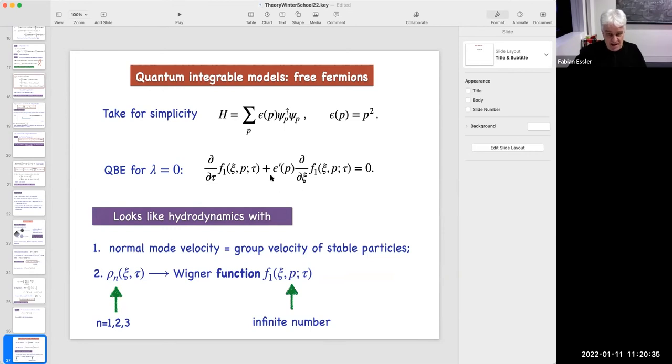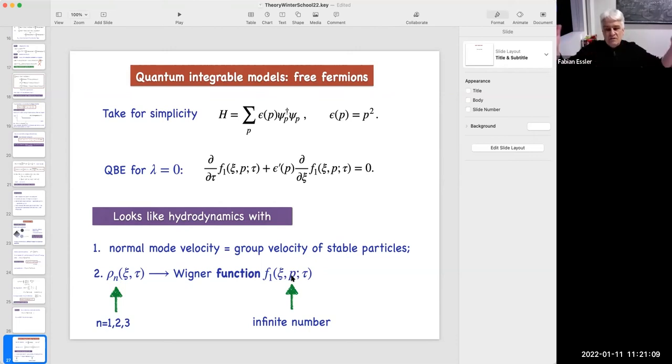The characteristic velocity that enters here is the group velocity of the free fermions, of the stable particles. And rather than having hydrodynamic equations for, let's say, 3 densities, which correspond to energy, momentum, and particle number, we get this equation for the Wigner function, which is a function that depends on momentum.